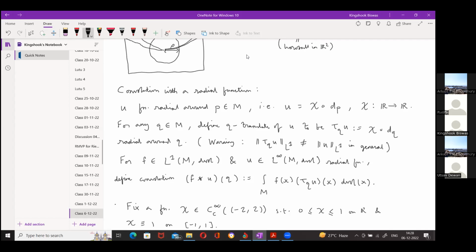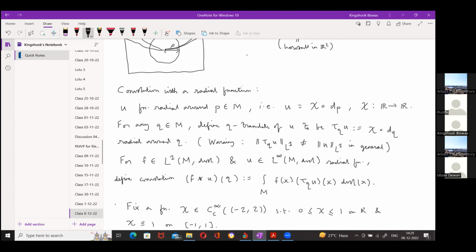So in a harmonic manifold, the translates will all have the same L1 norm, but this is not true in a general manifold. Is that clear? Any questions?